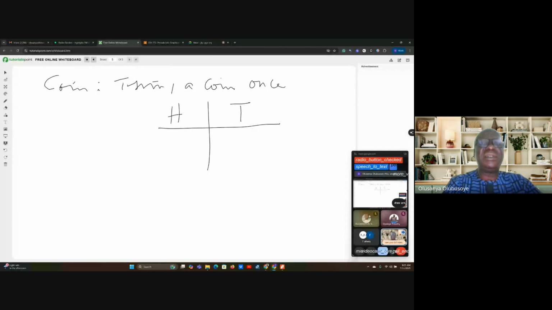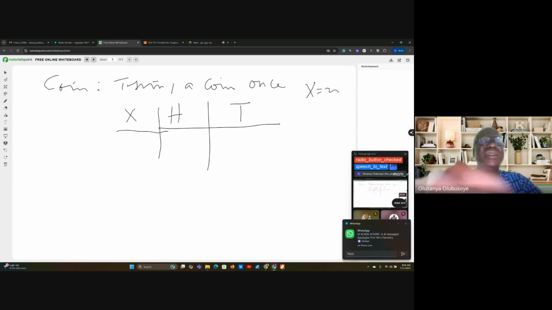And then, this is the X. The realization of the random variable is usually denoted with small x, so which means x could take, no, the realization is the small x.